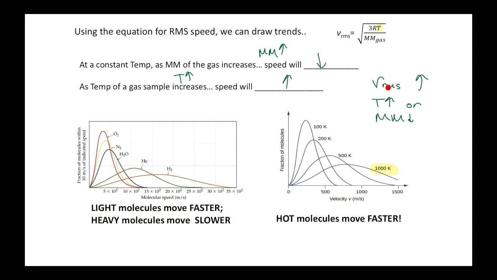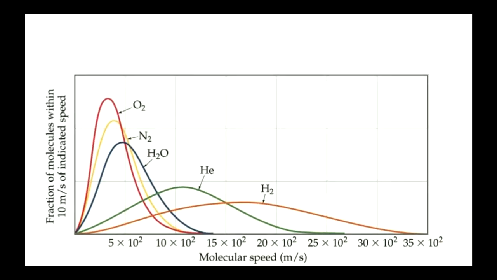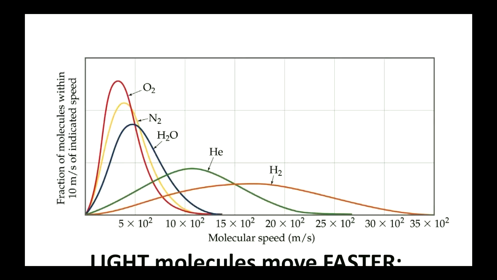But we can also change root mean squared velocity using molar mass. If we're looking at different samples with different molar masses, if we look at this graph, which sample is moving on average the fastest? Oxygen or helium or hydrogen? Hydrogen's moving a lot faster, but why? The particles are lighter, and so if all of these samples are at the same temperature, all of them technically have the same kinetic energy, but because the hydrogen molecules are a lot lighter, they're moving a lot faster.